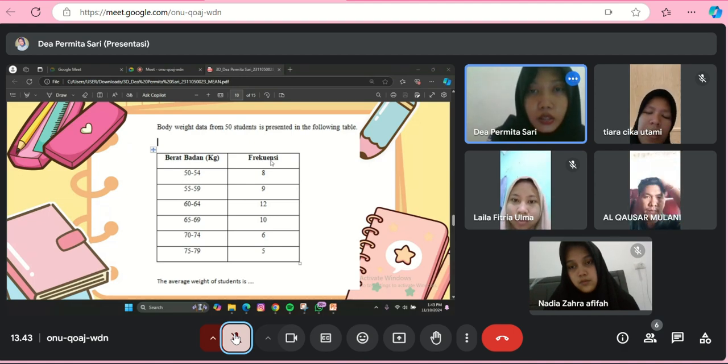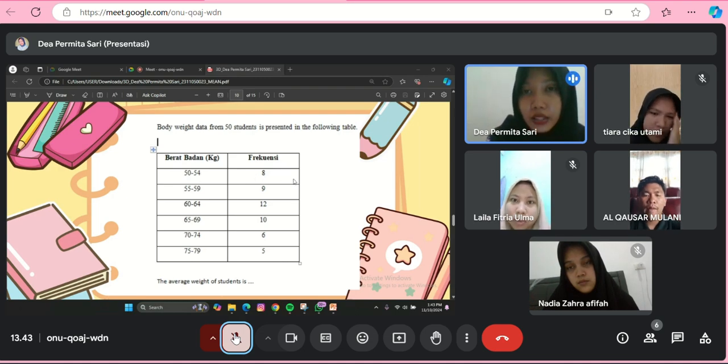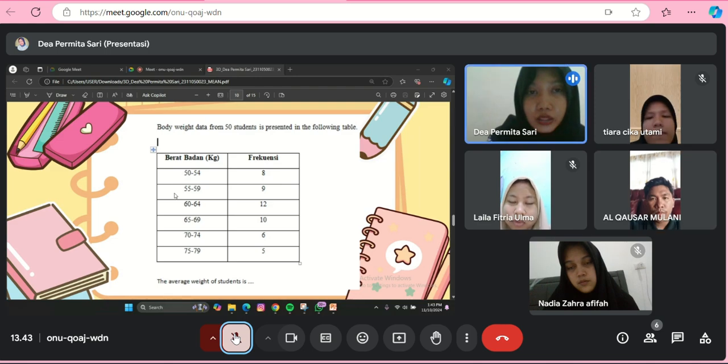First, we have weight 50 until 54 and the frequency is 8. Next, we have 55 until 59 and the frequency is 9.